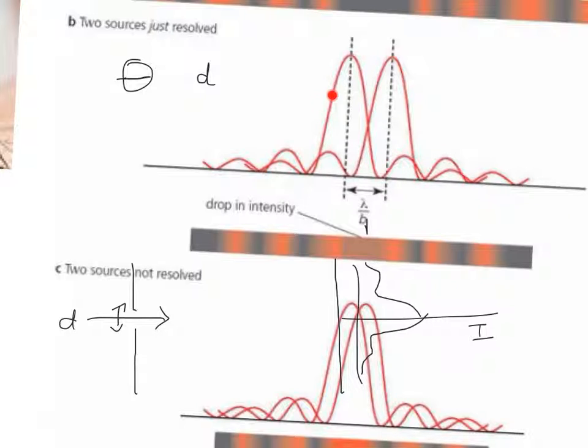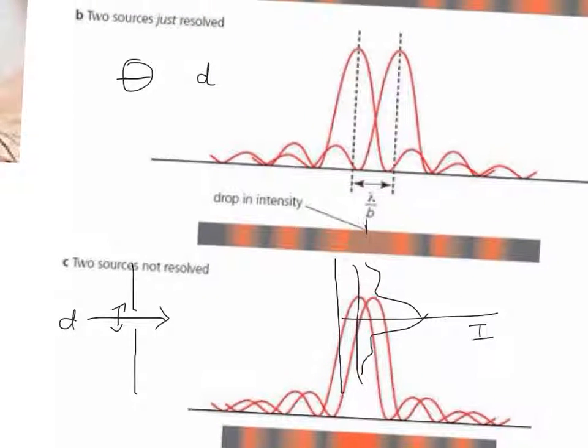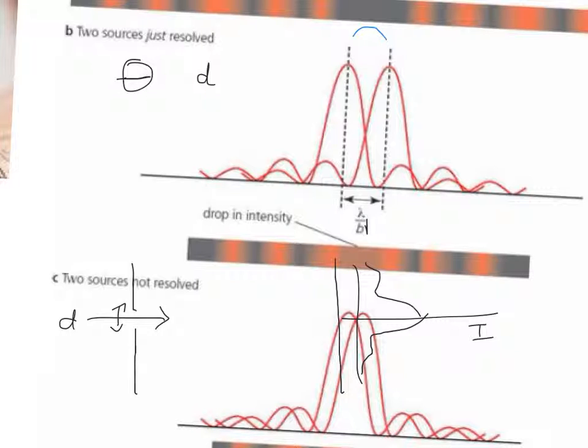Now, this point is a perfect point, and that would happen at something called the Rayleigh criterion, which is a condition whereby the angle between the two objects, so if this is your eye, okay, and here are the two objects, so this angle has to be greater than a certain condition that we'll look at now. So the next slide will be about the Rayleigh criterion.